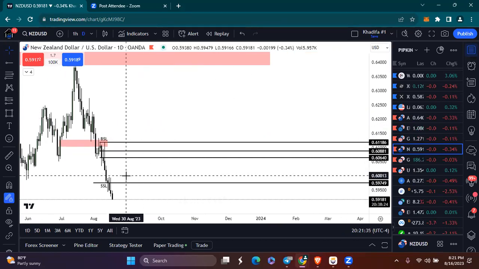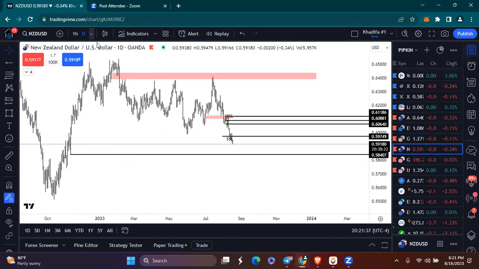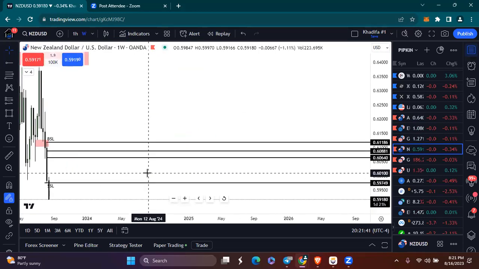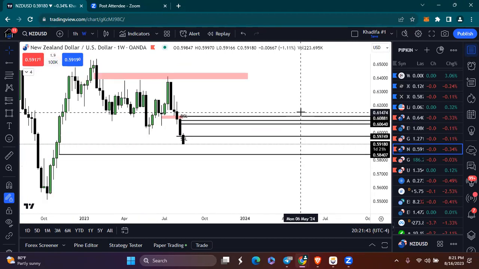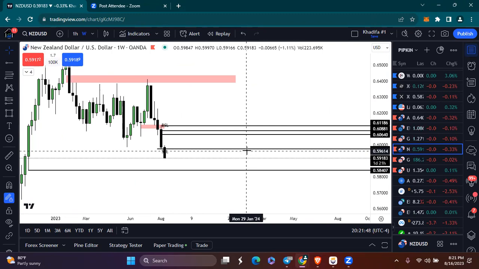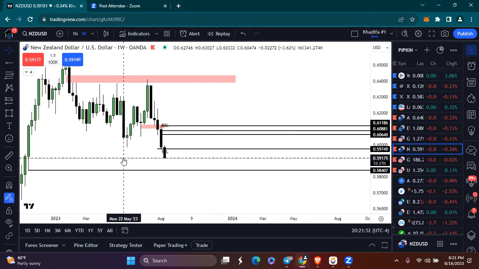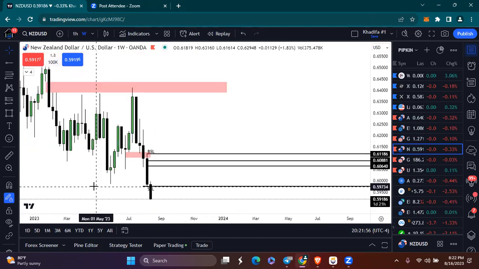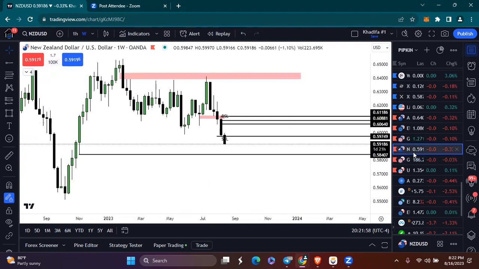Yeah, very easily. Let me see how NZD's looking. Oh, she's falling. I don't see any reason why she wouldn't keep falling to the sell side liquidity. We might get some crazy news tomorrow.